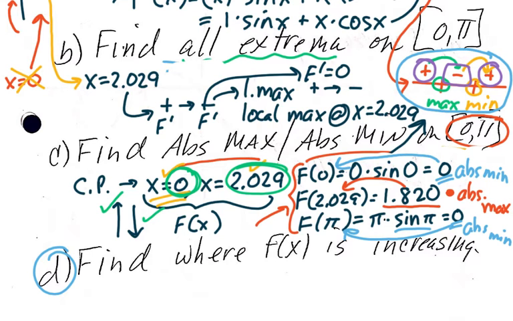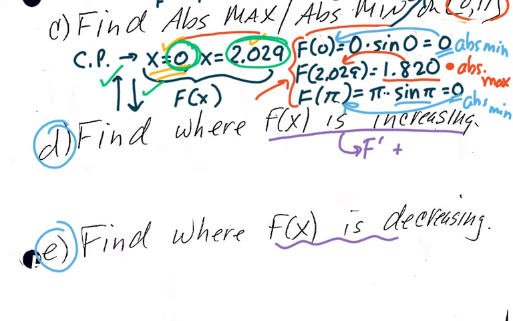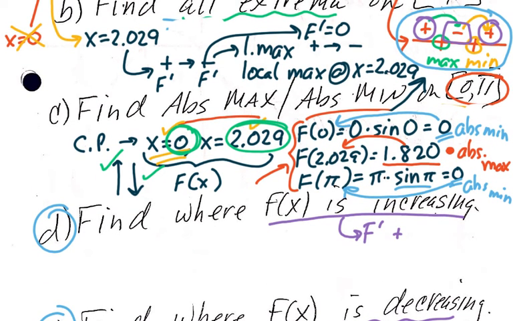And remember, if a function's increasing, that means that's where the derivative is positive. And down here, if a function is decreasing, that's where its derivative is negative. So the sign chart actually tells us that if it was positive here and here, that means the original function was increasing.